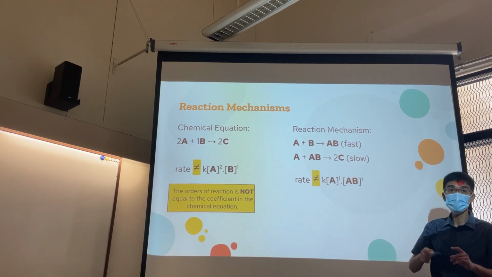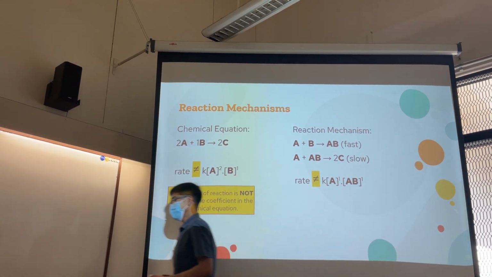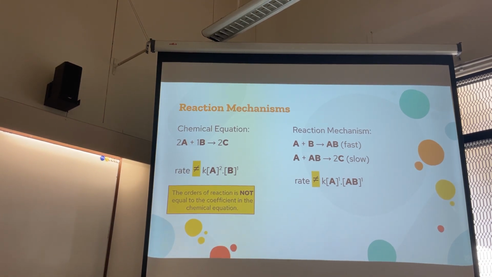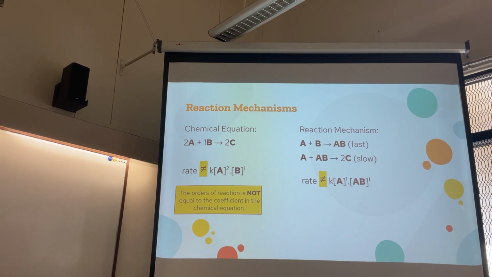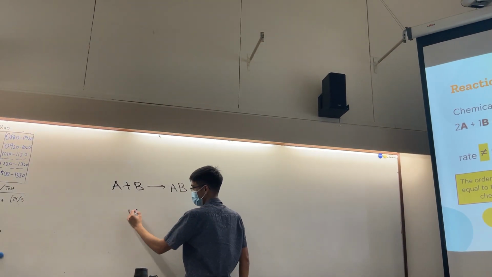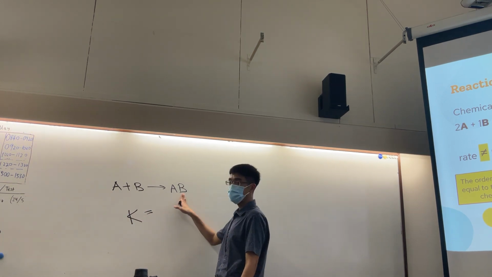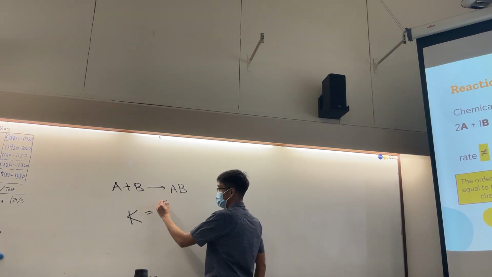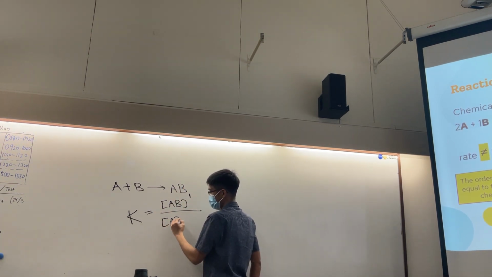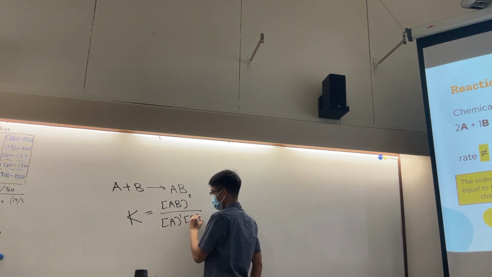You need to know that for every chemical reaction, the products and the reactants are related by a constant like this. It's always products over reactants based on the coefficient. So this is product, coefficient is 1, over reactant, over 1.